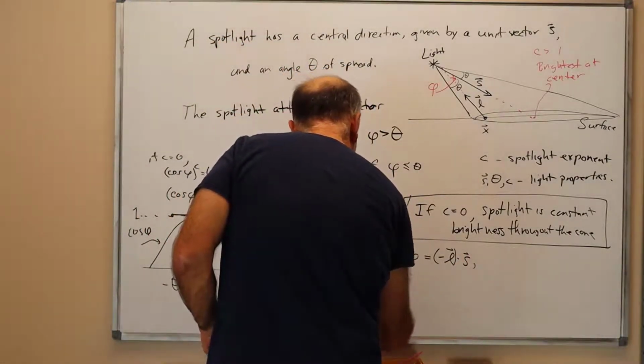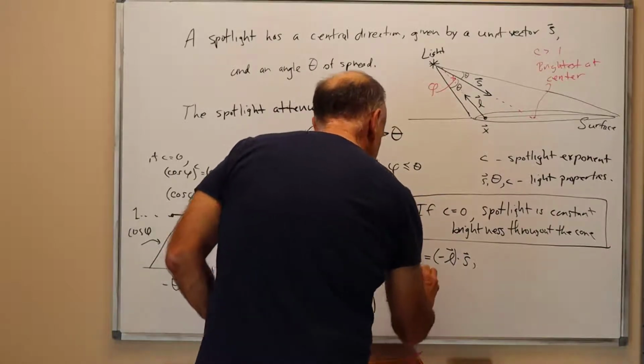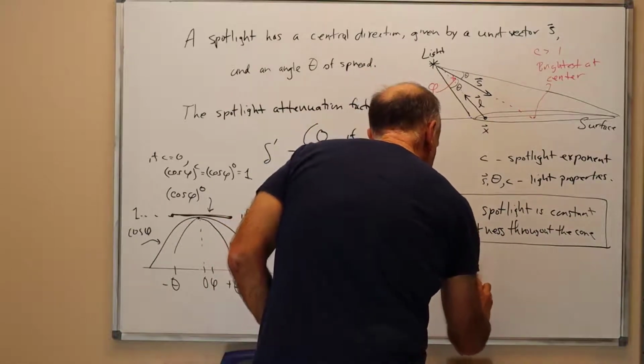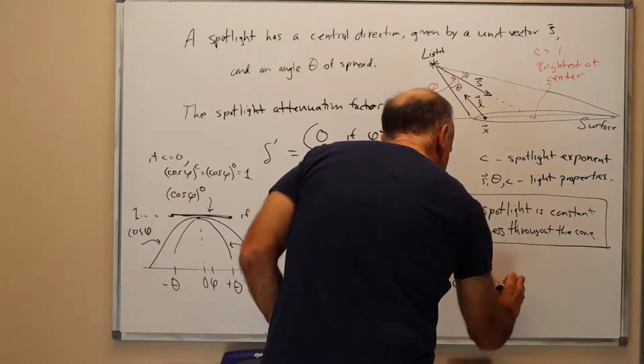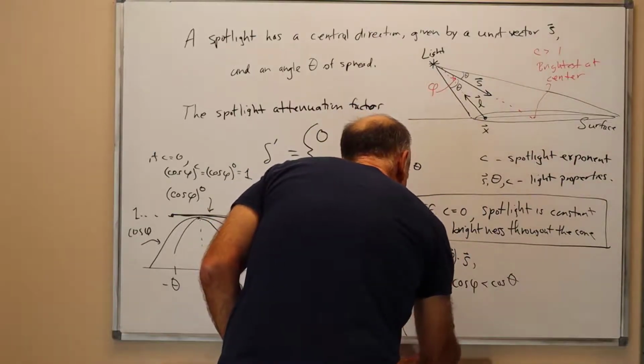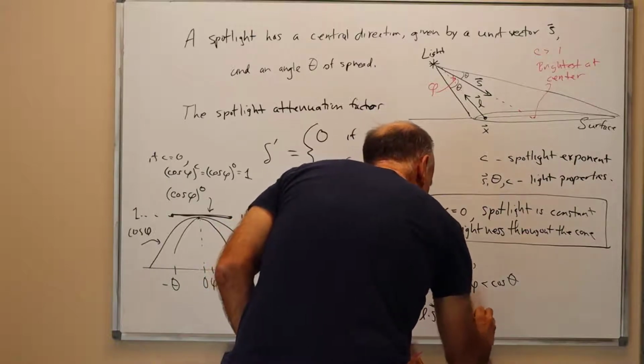We can let delta prime be equal to 0 if cosine of phi is less than cosine of theta, and equal to the negative L dot S raised to the power C otherwise.